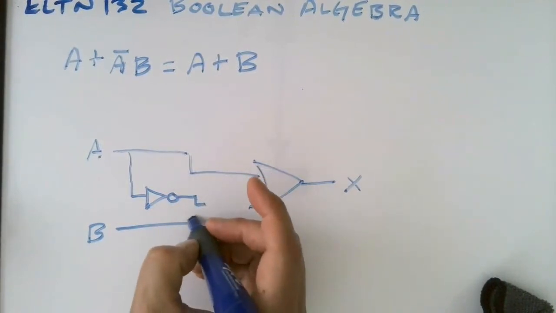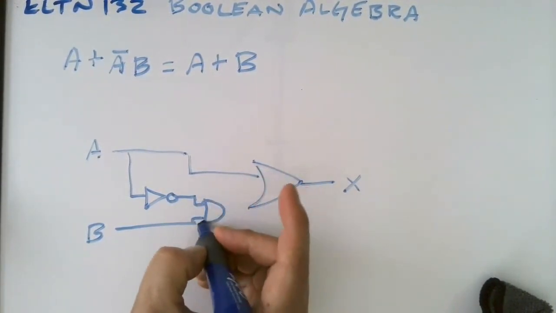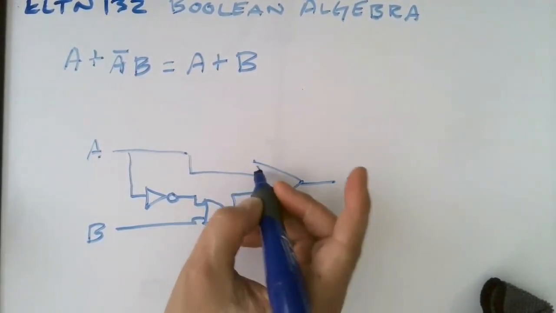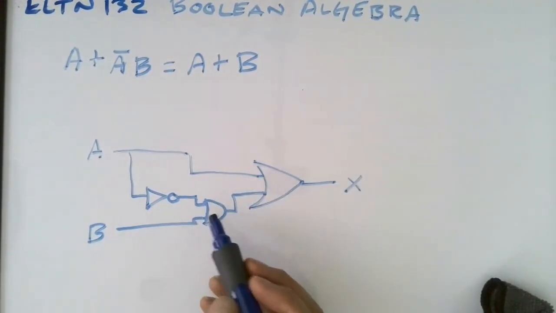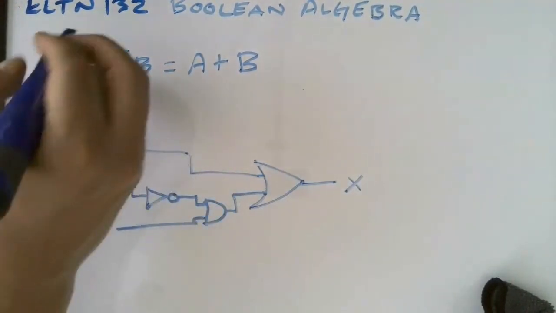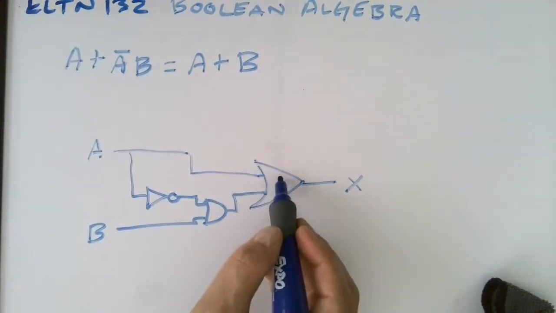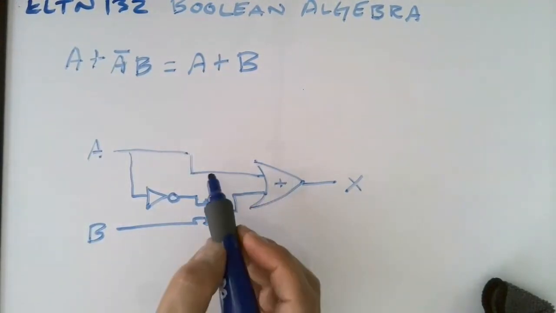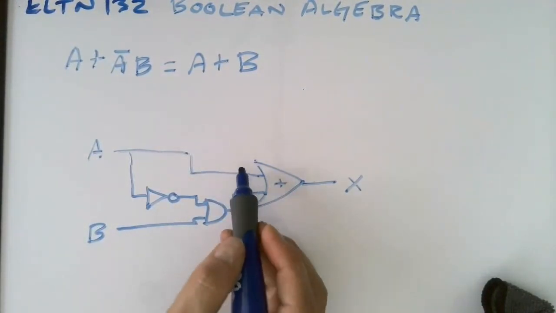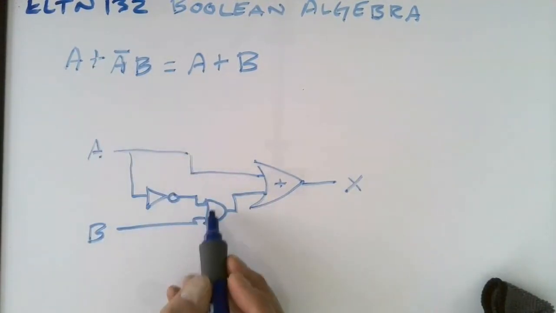So these two are ANDed together, and then that AND output goes to our OR gate. So here's our equation. The OR gate here is simply the ORing of these two terms, A in this case, and then we have A naught and B.